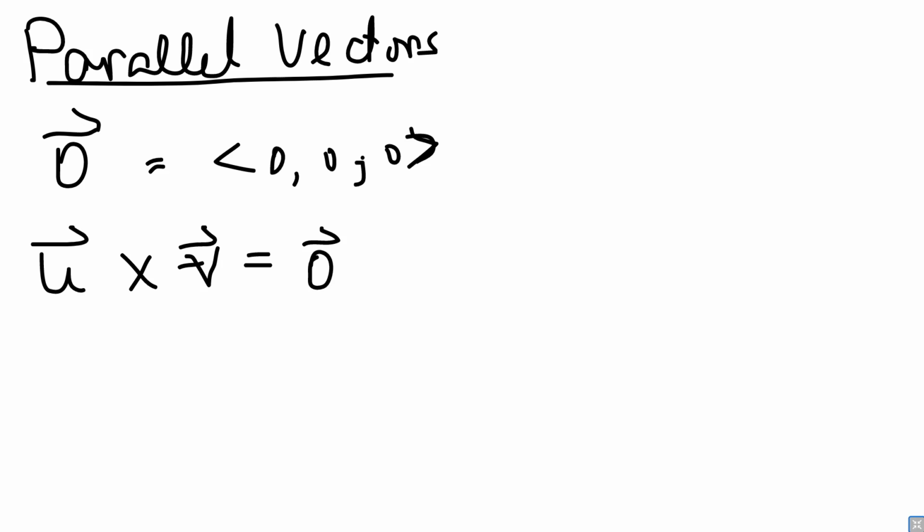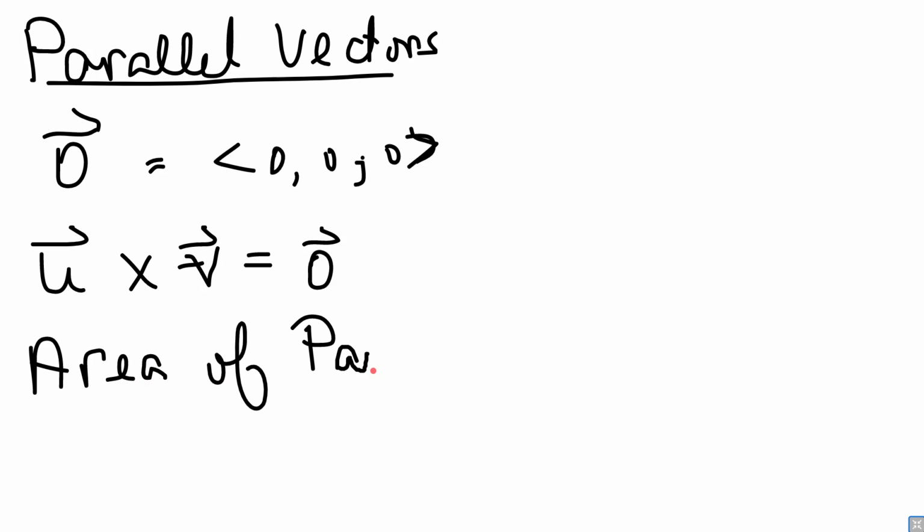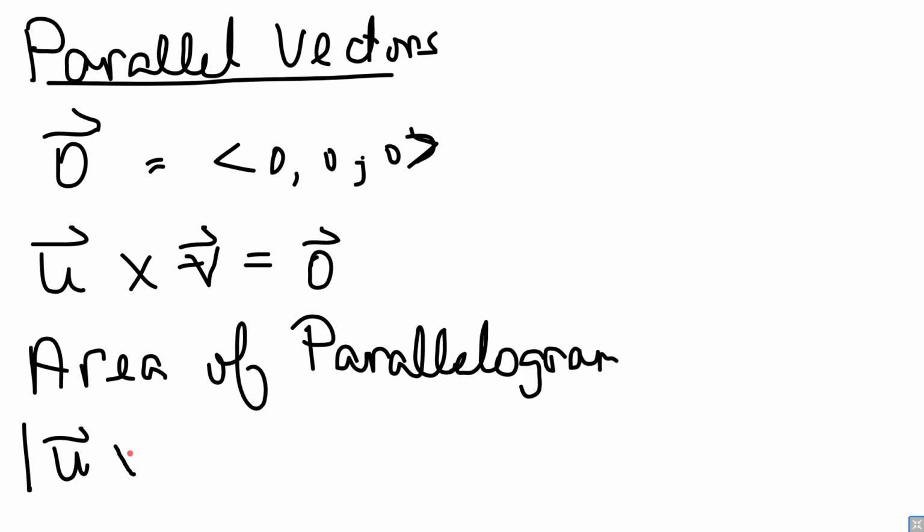And then the last thing we're going to deal with is the area of a parallelogram. If you want to find the area of a parallelogram, a simple way of looking at it is you take the magnitude of the cross product.